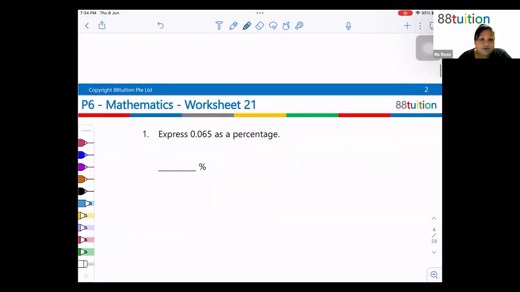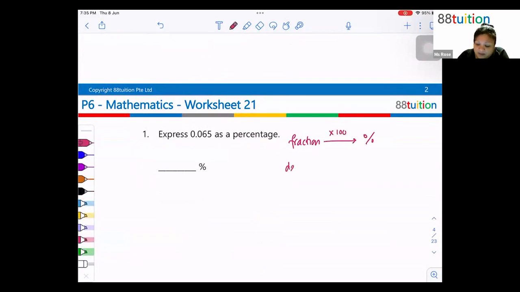Now for question number 1, some of you got it wrong. Most of you got it right. For those of you who got it wrong, take note: whenever we have a fraction and you want to change it to percentage, what do you do? You times 100.